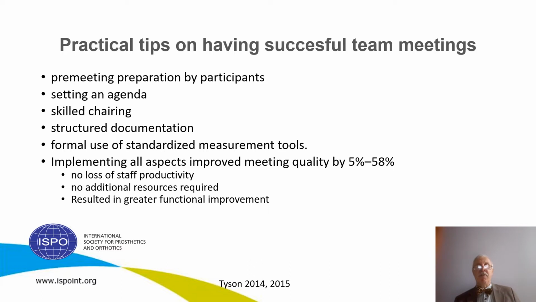Implementing all of these components has resulted in a 5 to 58% improvement in the quality of the meetings without losing staff productivity, requiring further resources, and importantly, it has also resulted in greater functional improvement of the patient.